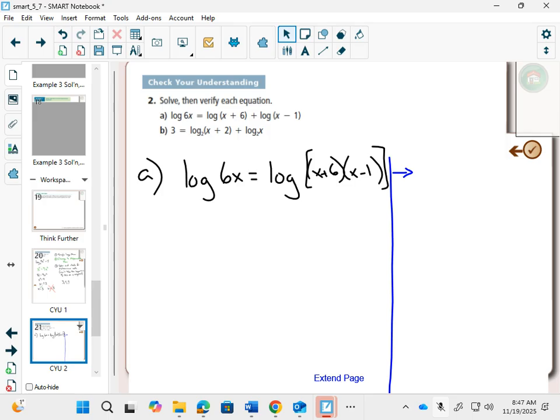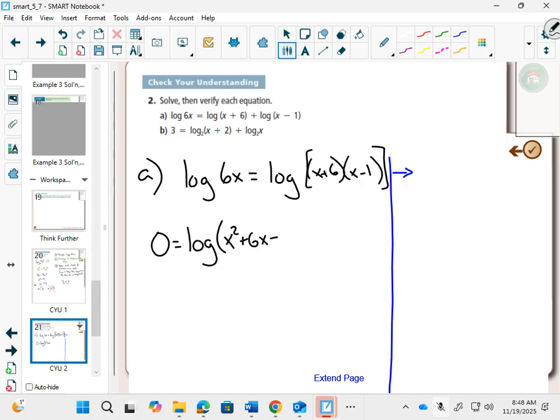So the regular steps say we need to combine to a single logarithm. Right now I have a log on both sides. So if I would want a single logarithm, maybe I'll multiply this out: x squared plus 5x minus 6.